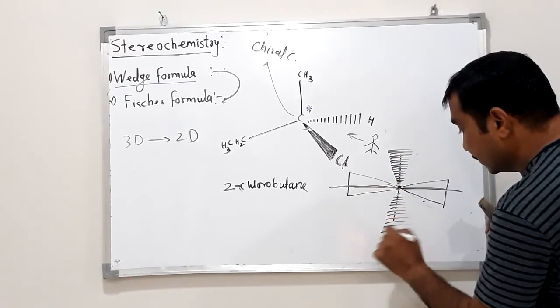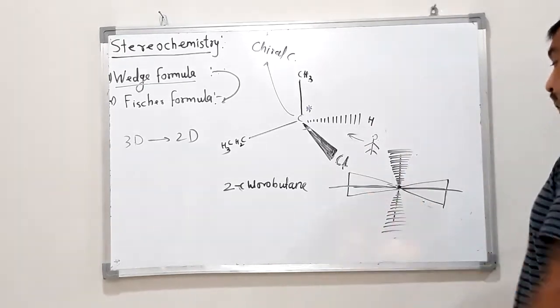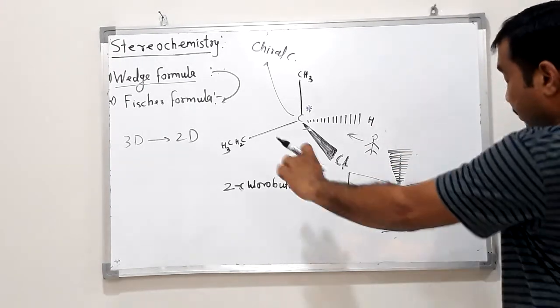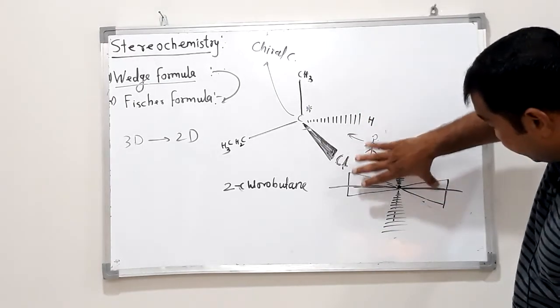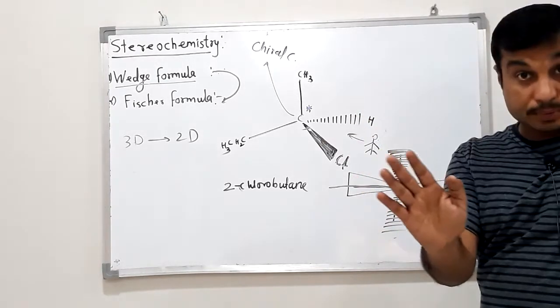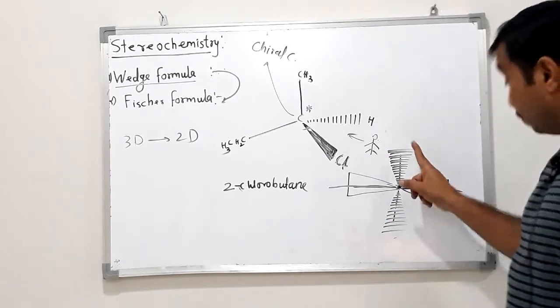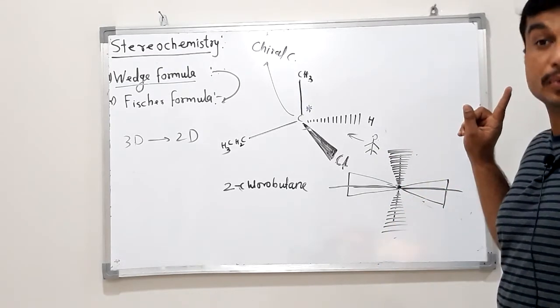Now these are the 4 valencies. These 2 are horizontal, these 2 are vertical. Horizontal means above the plane toward the observer, vertical means below the plane away from the observer.